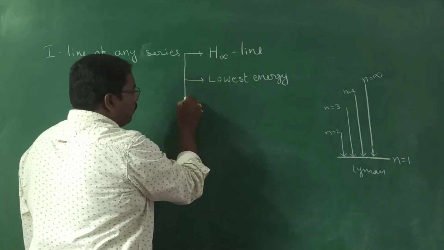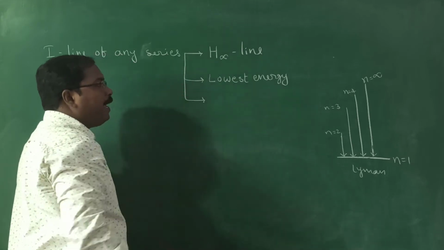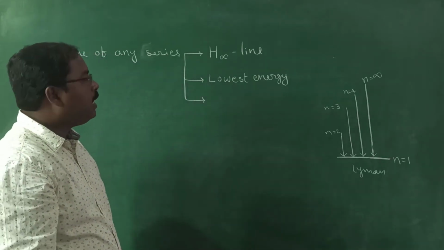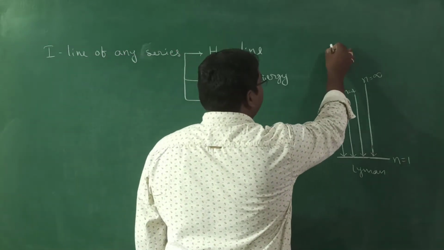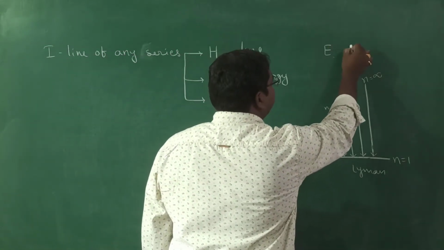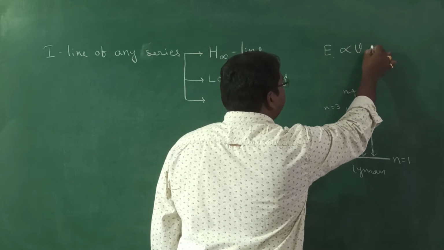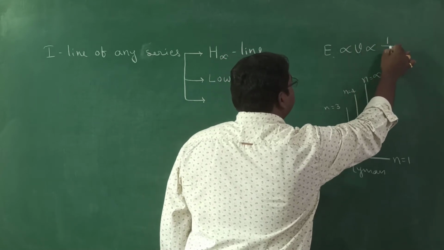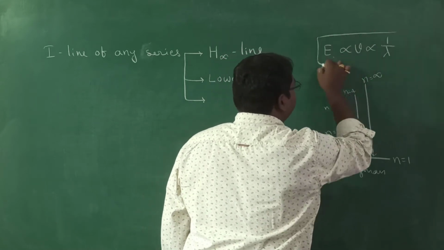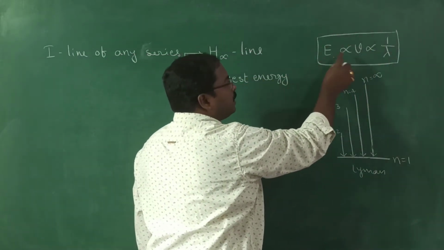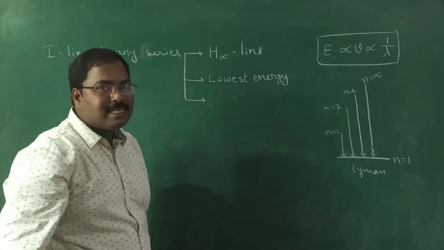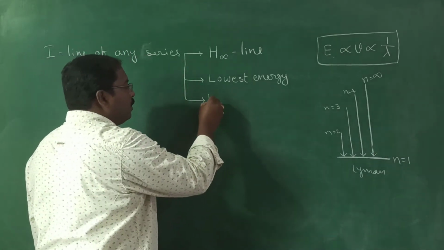And if I ask in terms of wavelength, what do we say? How are energy and wavelength related? We know energy is directly proportional to frequency and inversely proportional to wavelength. So the lowest energy line is nothing but the line having the highest wavelength.